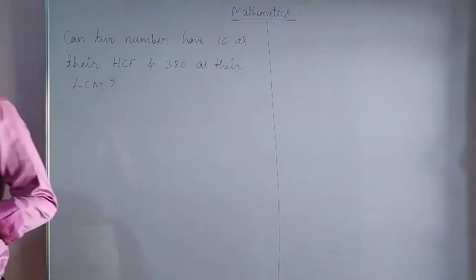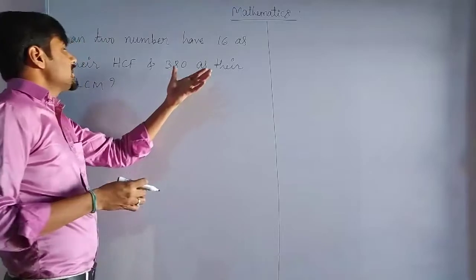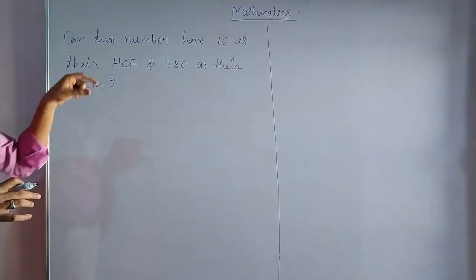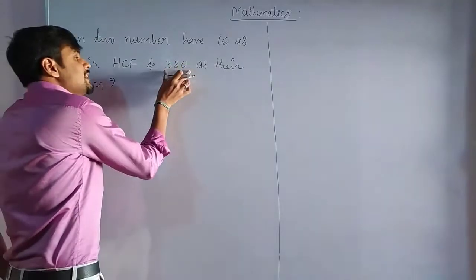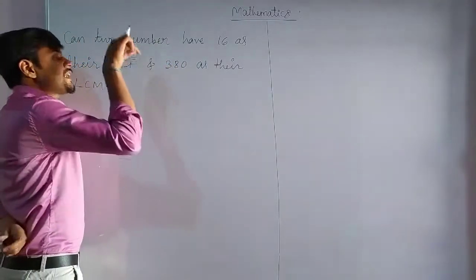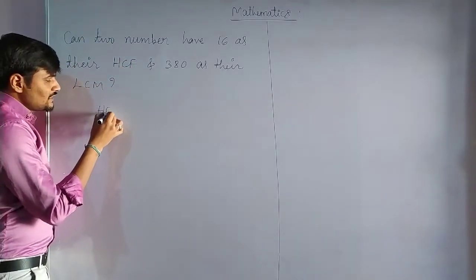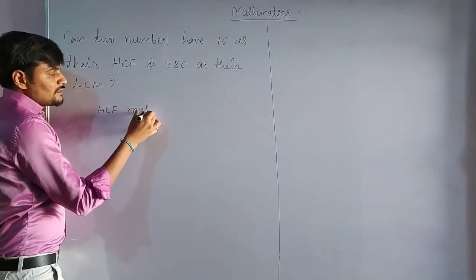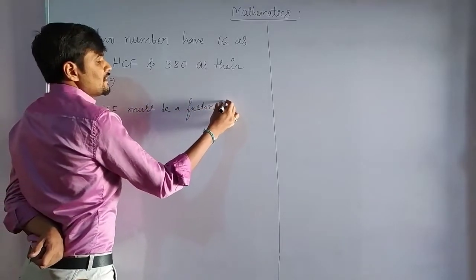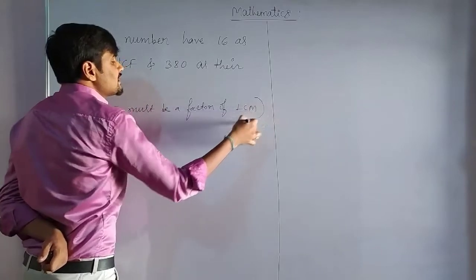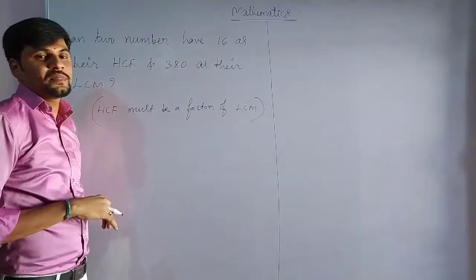That is the question. First you should know that if two numbers have a given HCF and LCM, then the HCF must be a factor of the LCM. That means the LCM must be exactly divisible by the HCF. That is the condition to say whether the given condition is yes or no.